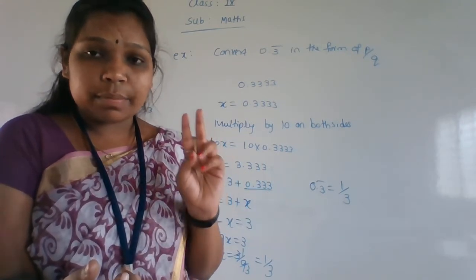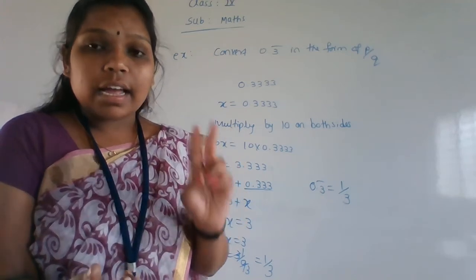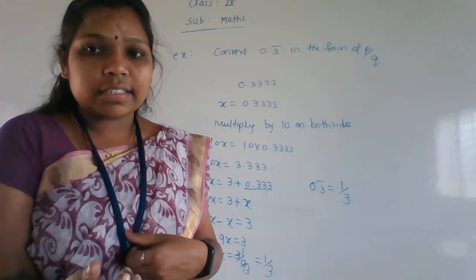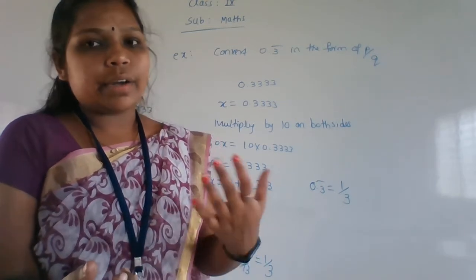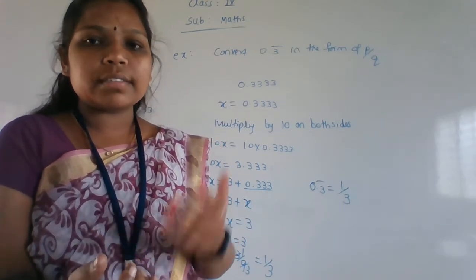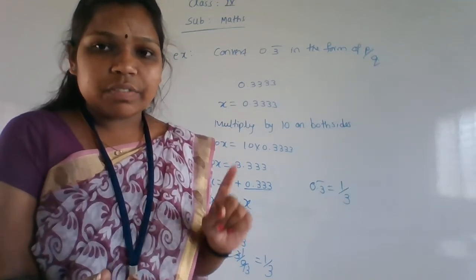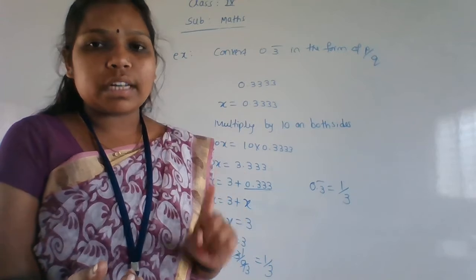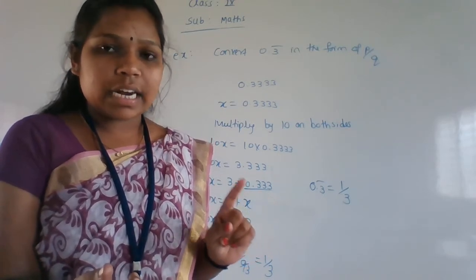Like that there will be two cases, and seeing that remainder we can say whether it is terminating or non-terminating. Terminating means the remainder should be 0. If the remainder is not 0, it will be a non-terminating decimal. Like that we have to say.